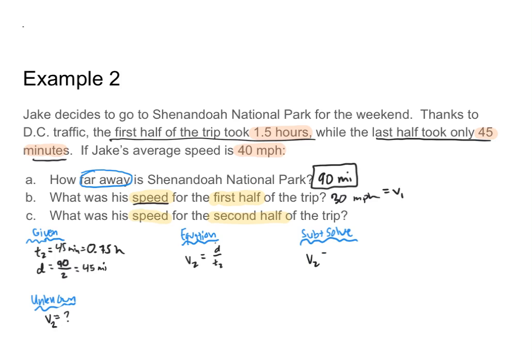So V2 is equal to my total distance traveled for the second half of my trip, 45 miles, over 0.75 hours. And when I do the math, what I find is that V2 is 60 miles per hour. And there we go. I have solved all three parts of this problem.